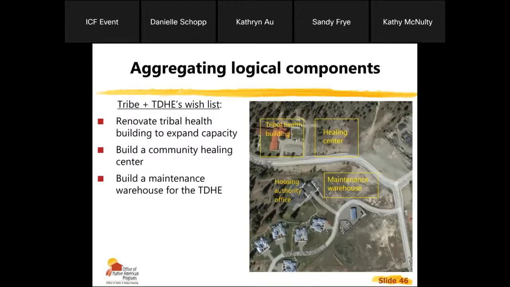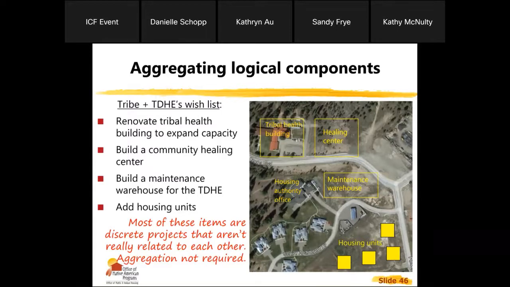So that makes sense to be next to the housing authority office. And then below Senior Apartment Drive, where you have all those elder housing units, maybe you want to add a couple more housing units. So most of those bullet points are discrete projects that aren't really related to each other.